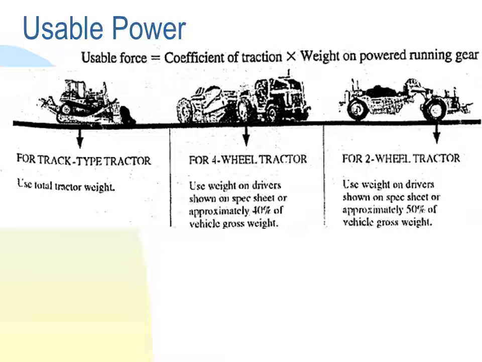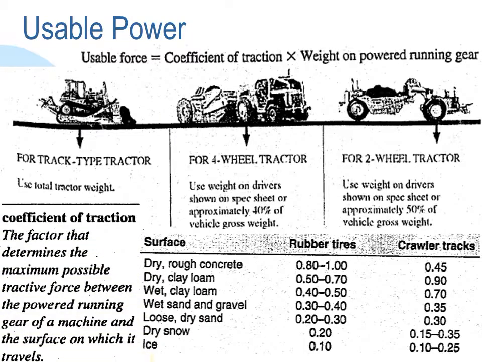So here we are talking about the weight on powered running gears, not all over the vehicle. So this depends on the issue here. And also it depends on the coefficient of traction. So people living in areas where they have ice, they know that for sure if you move on ice, your life is more like a disaster if you are fast on ice.